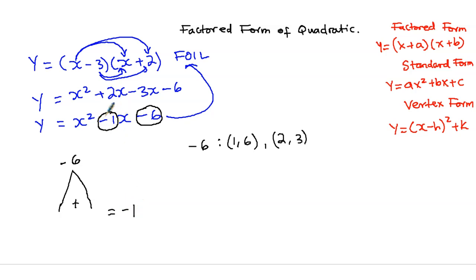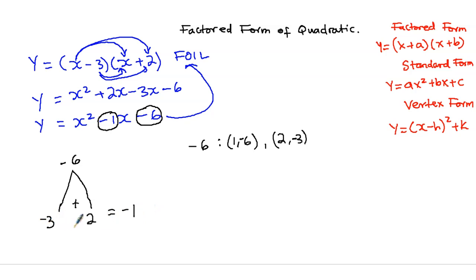Even if I put the negative here, when I add I'm going to get negative 5, which is not close. And if I put it here, I'm going to get positive 5, also not close. But here, we can make this work together, so we are going to use these factors. For me to get negative 1, this has to be negative. So it's going to be negative 3 and 2, and when we add, we get that.